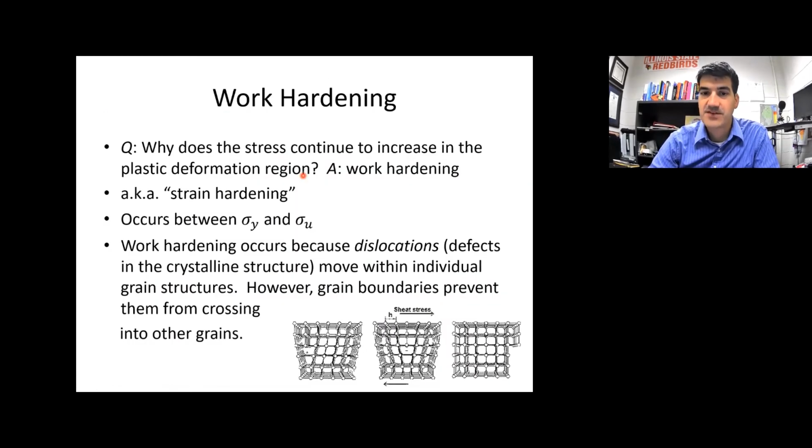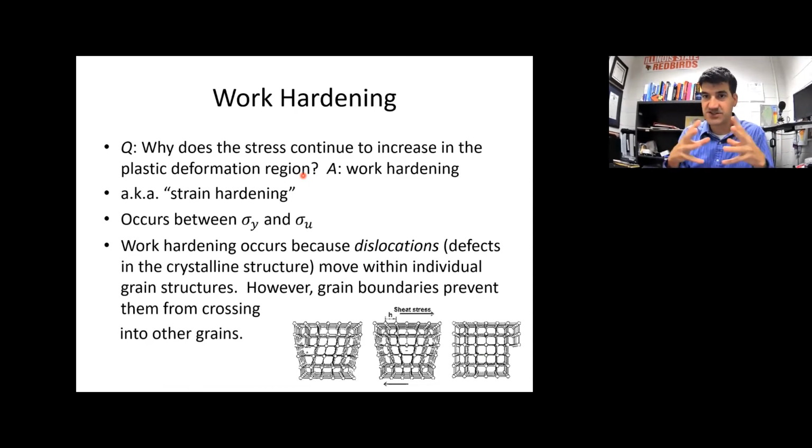And if we think about this from a lattice perspective, what's happening is that as we start to get plastic deformation, we start to get defects in the lattice structure actually migrating and moving through the lattice structure. As you're pulling the lattice structure apart in elastic deformation, you're just stretching the lattice and then you let it go and it returns.